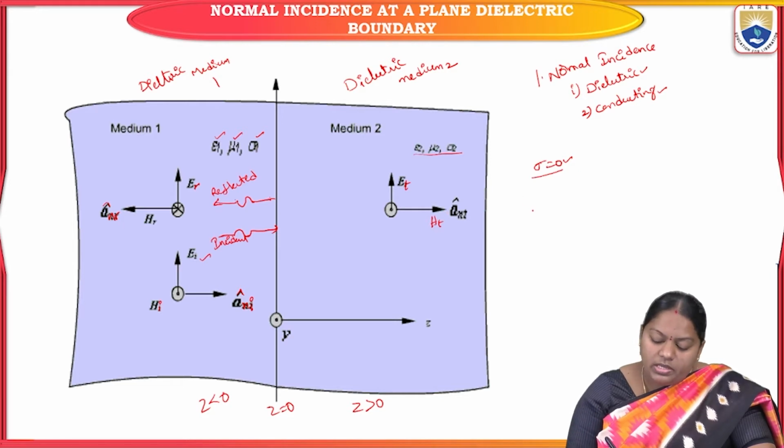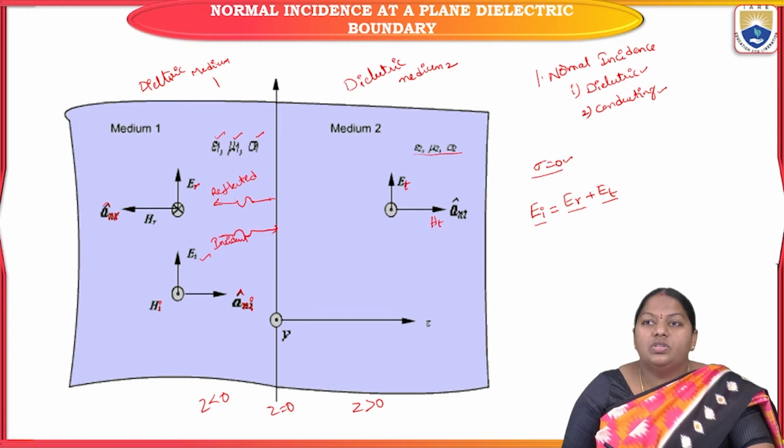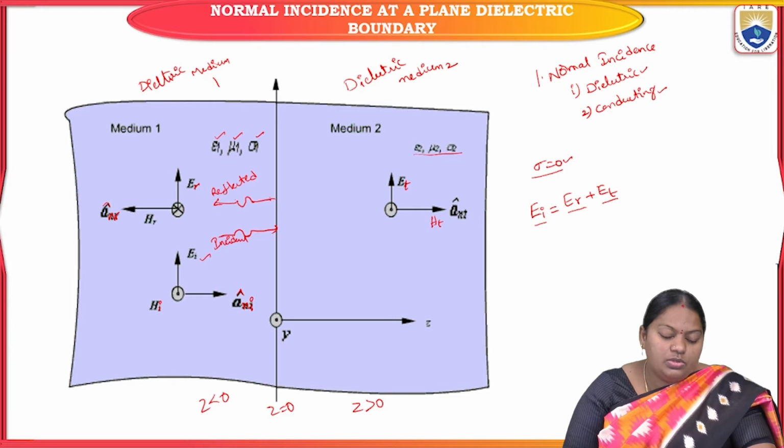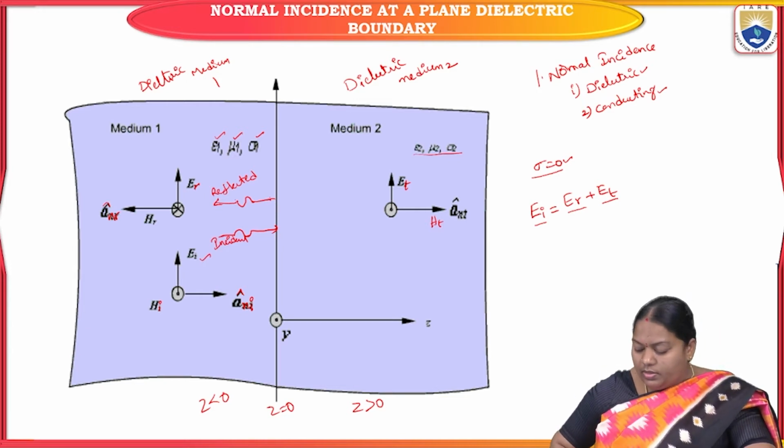Based on this, we can write the equation EI is equal to ER plus ET. Why? Because the incident wave field strength is a combination of the reflected wave field strength and the transmitted wave field strength. So in medium 1 we have two traveling waves, and in medium 2 we have only one wave, called the transmitted or refracted wave.